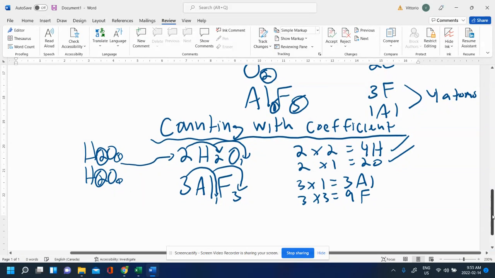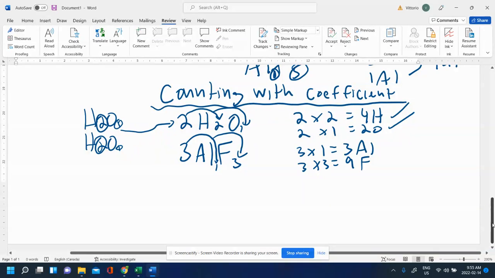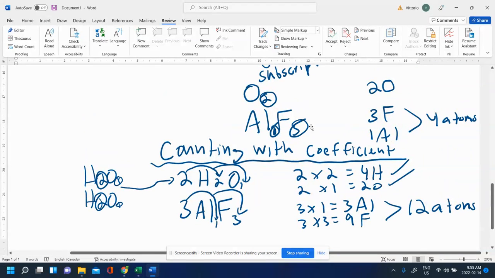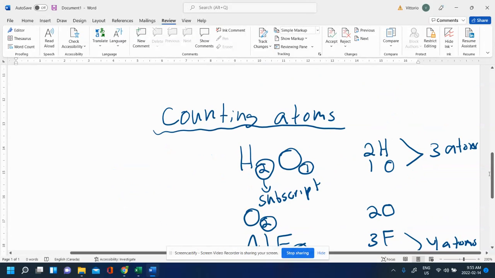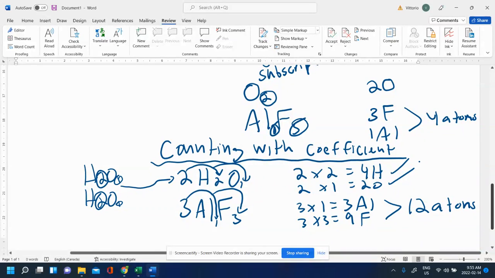That would be a total of 12 atoms, which makes sense because we have 3 times more than what we had up here, right? So 3 times 4 is 12. And for the water, we have 2 times more than what we had up here. So we have 6 atoms compared to 3. So 2 times 3 is 6. And so that's how you count with coefficients.